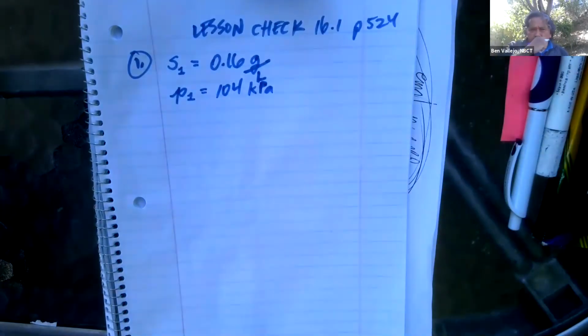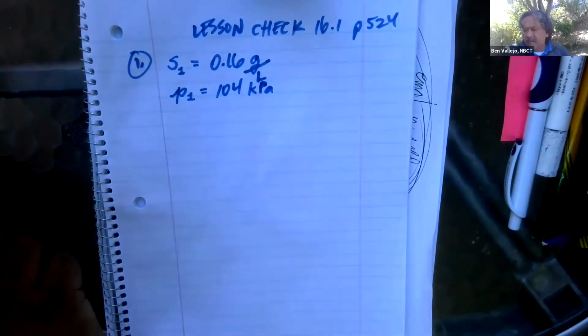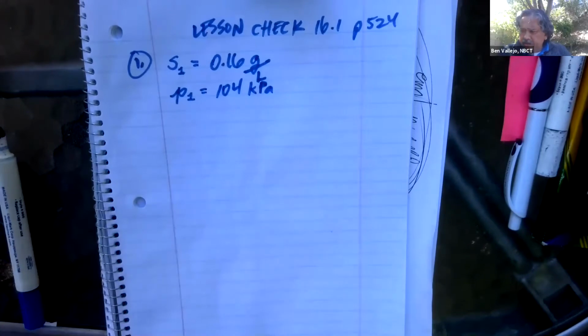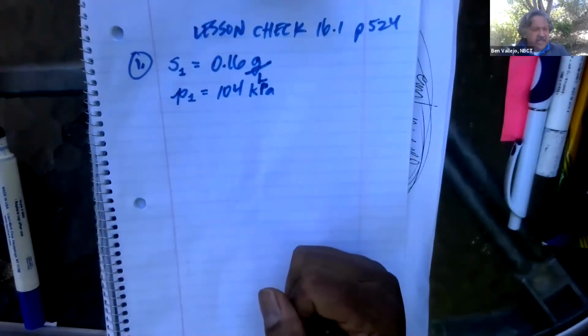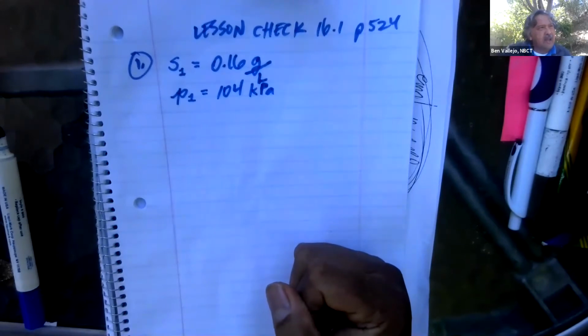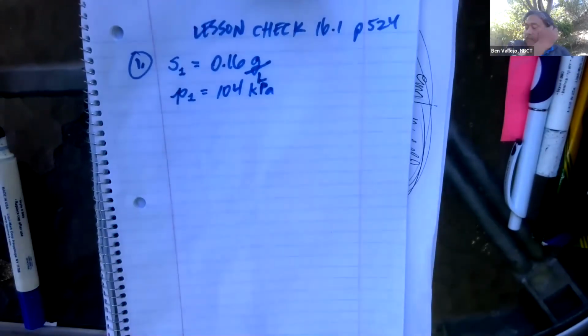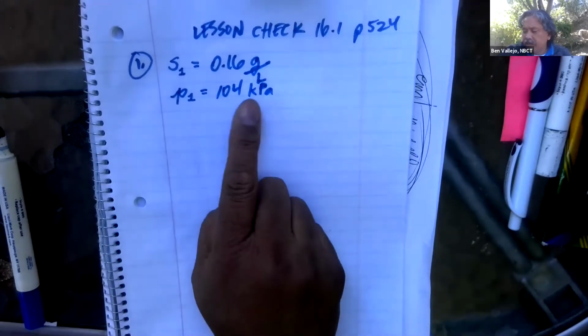Remember that pressure can be measured in different ways. It can be measured in torrs. It can be measured in millimeters of mercury. But in order to use this equation, you need your pressure to be in kilopascals.